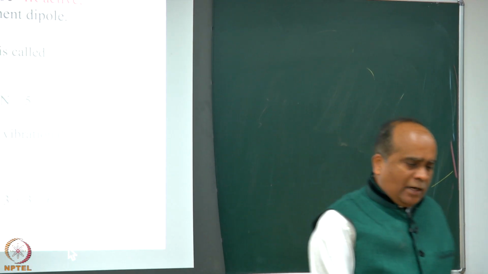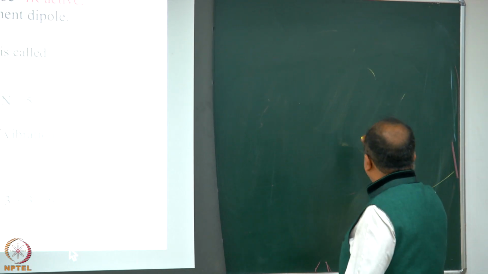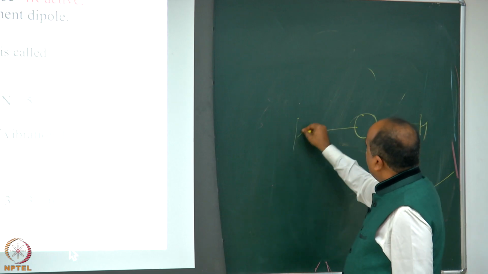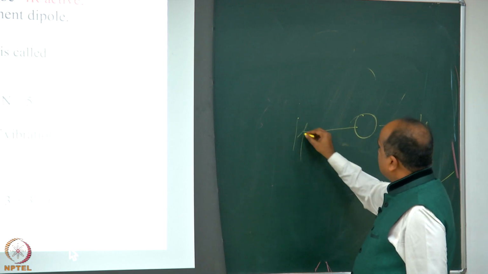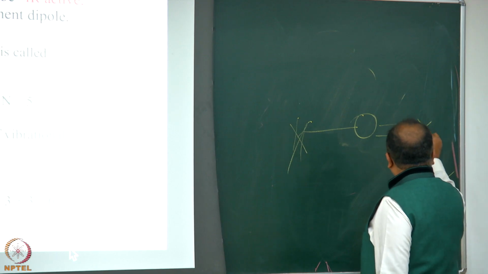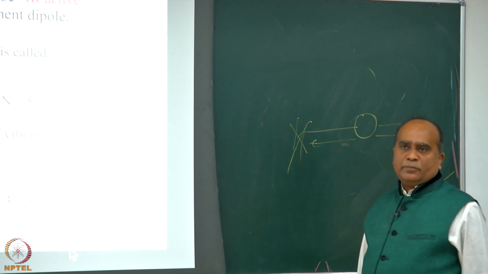Without going into complication, suppose here is a molecule with two atoms on either side, X and X. Here it is pulling with equal force, and here also with equal force.